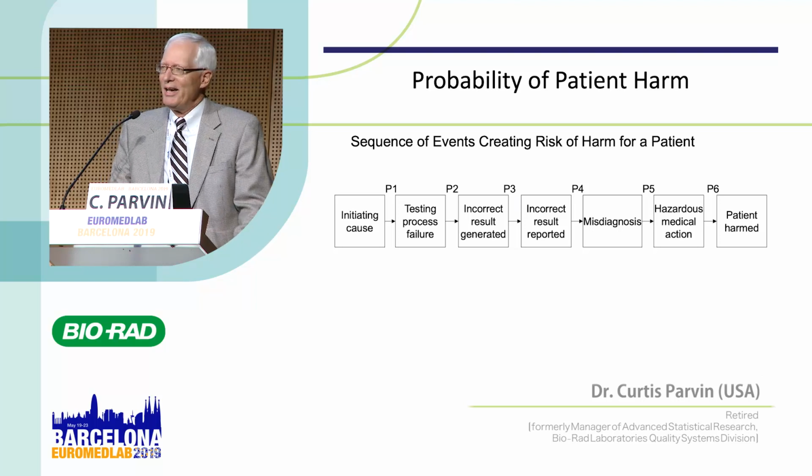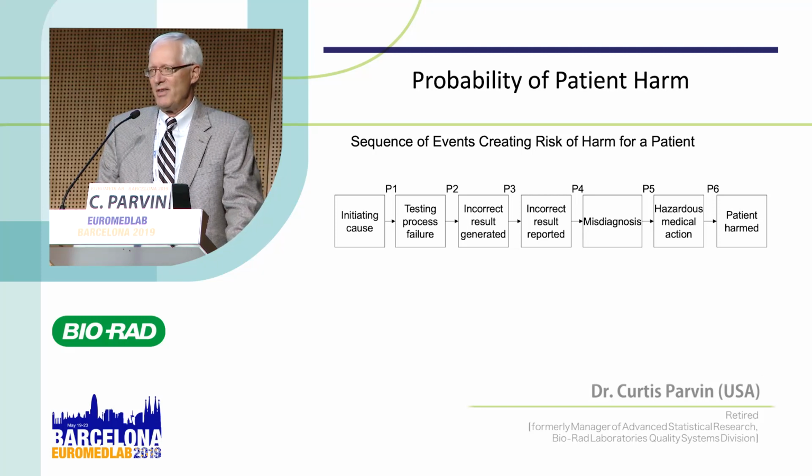So, to summarize, patient risk is defined as the probability of occurrence of harm and the severity of that harm.